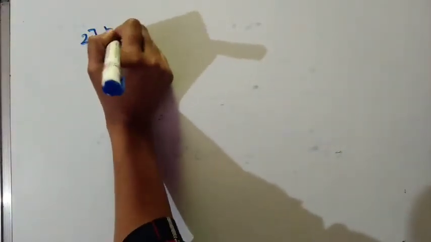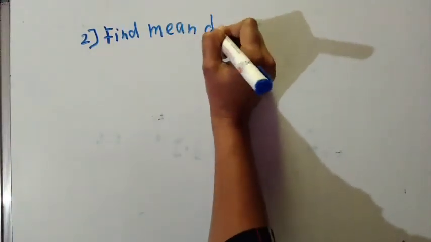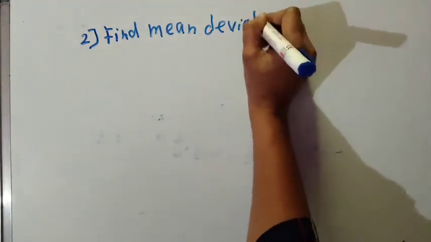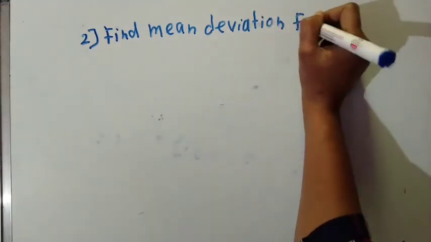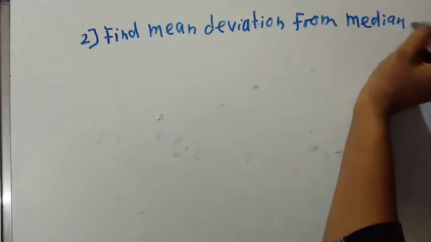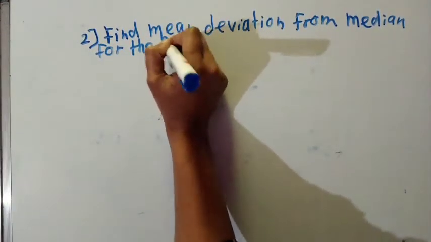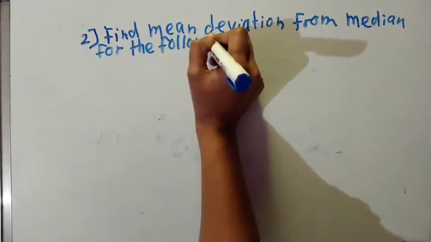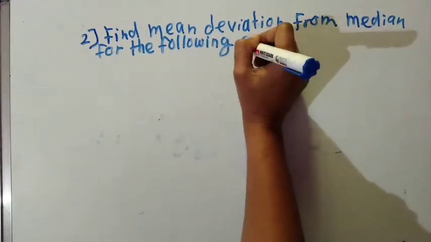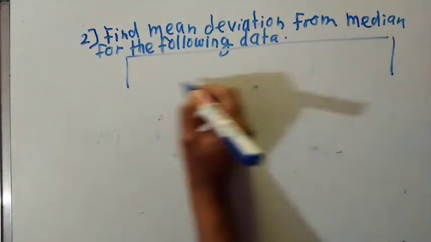Then we give the second example. Find mean deviation from median for the following data. So first draw the chart.